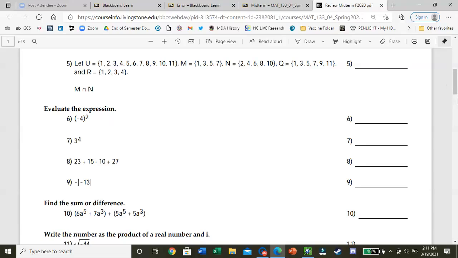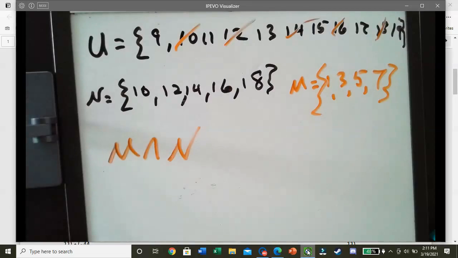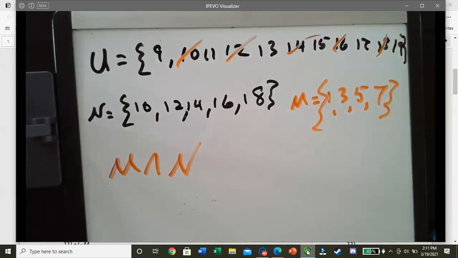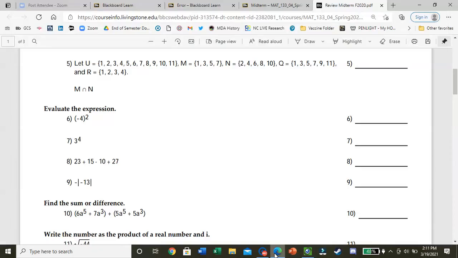We have a different set n here. n is 2, 4, 6, 8, 10.